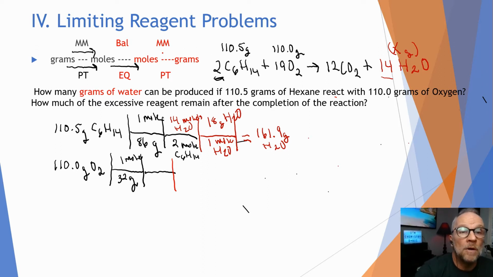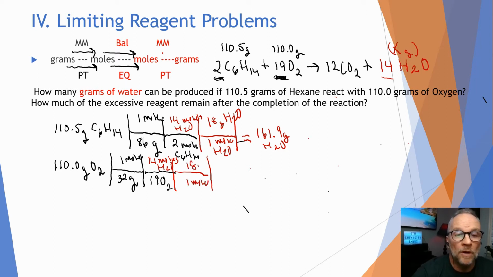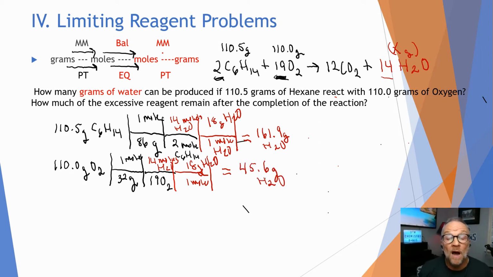Here we got grams to moles. Now we'll do moles to moles. So for every 19 moles of oxygen, get that off the balanced equation here, we have again 14 moles of water. And then finally, for every 1 mole of water, I have 18 grams of water. And when we do that, we get 45.6 grams.